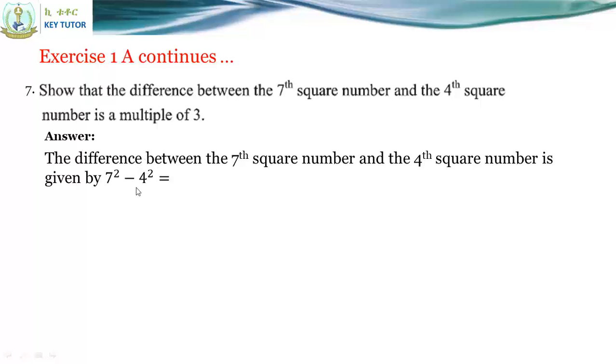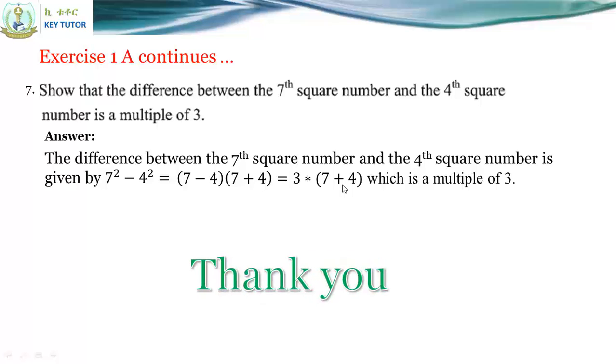It's written as 7 minus 4 times 7 plus 4. And this is 3 times 7 plus 4, meaning 7 minus 4 is 3. So 3 times 7 plus 4 implies that the difference of the 7th square and the 4th square is a multiple of 3. Thank you.